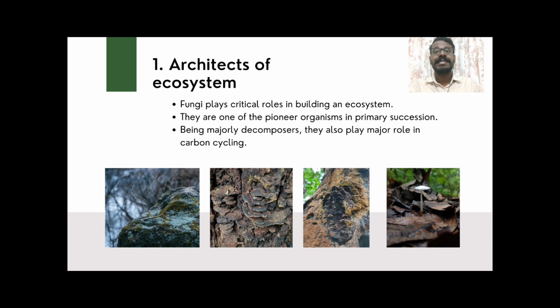Because they possess a cascade of enzymes, and these enzymes are able to digest complex organic matter. Organisms like lichens, which are a symbiotic relationship between a fungus and an alga, are capable of growing on rocks and degrading them or breaking them down into finer particles. Hence, they are considered pioneer organisms in primary succession.